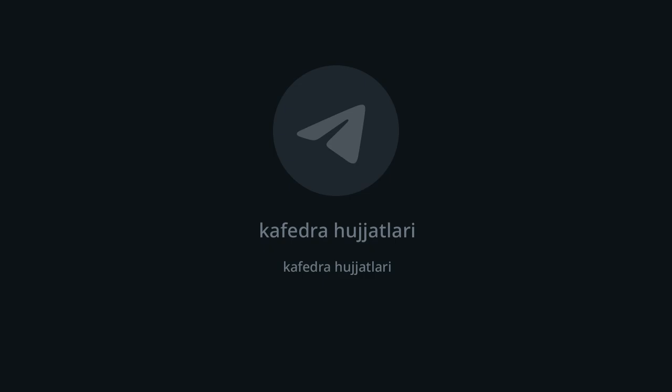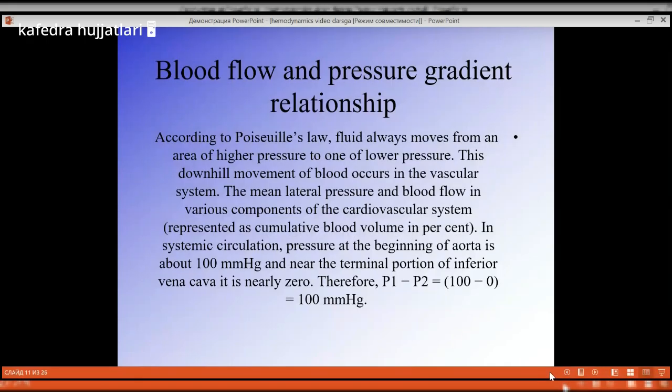Blood flow and pressure gradient relationship. According to Poiseuille's law, fluid always moves from an area of higher pressure to one of lower pressure. This is our P1 and P2. This downhill movement of blood occurs in the vascular system. The mean lateral pressure and the blood flow in various components of the cardiovascular system are represented as cumulative blood volume in percent.